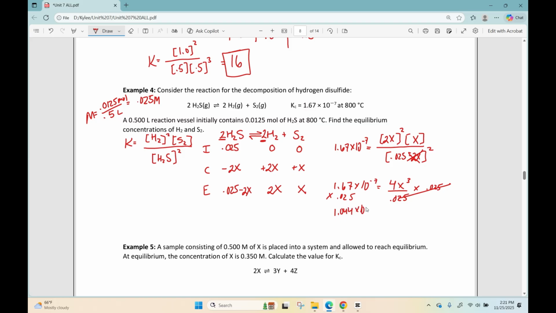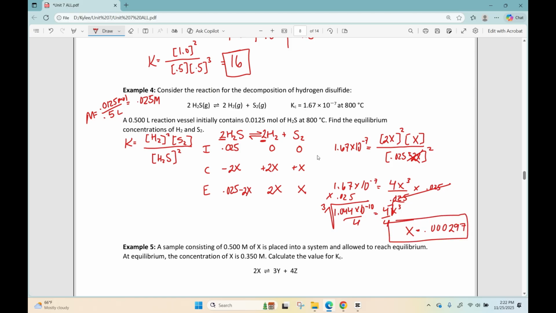That gives me 1.044 times 10 to the negative 10th equals 4x cubed. Divide by 4, and then I can take the cube root to get x by itself. If you do that, I get a value for x equal to 0.000297.